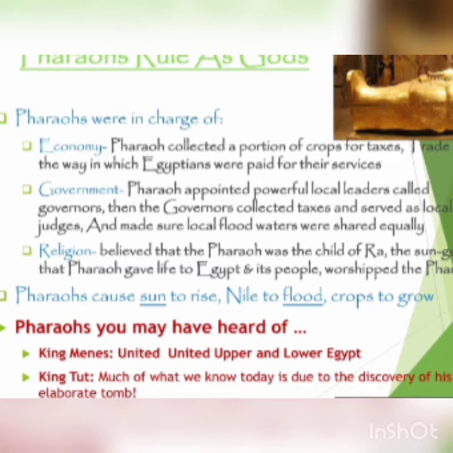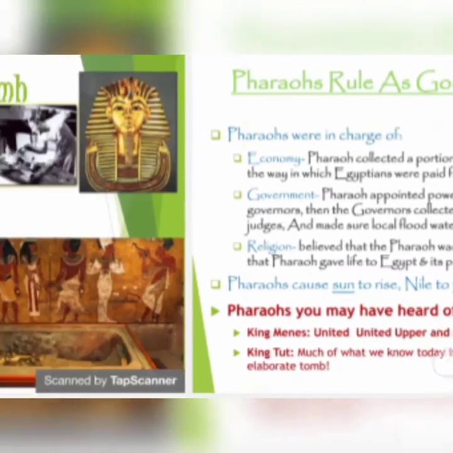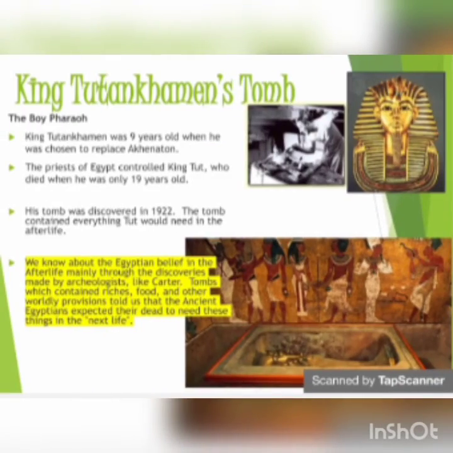So much of what we know today is due to the discovery of his elaborate tomb. Okay, the excavation of the tomb of King Tutankhamun gave us a lot of information about mummies and pyramids.